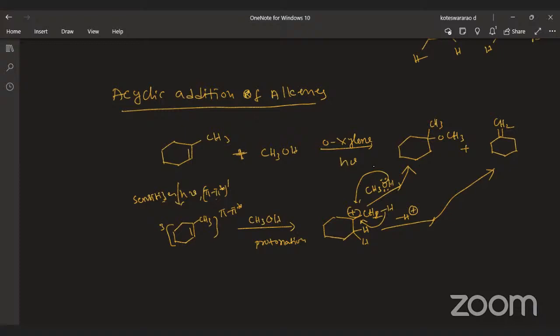In these additions, the pi-pi star triplet state obtained from photosensitization is the reactive state. That triplet state olefin undergoes protonation even with weak acids like water, alcohol, and carboxylic acid. Sometimes a trace mineral acid may also influence this reaction to produce these kinds of products.